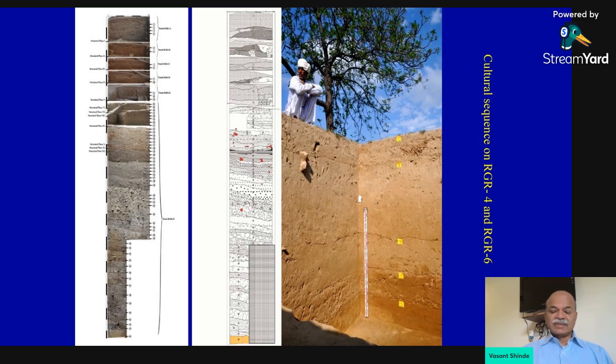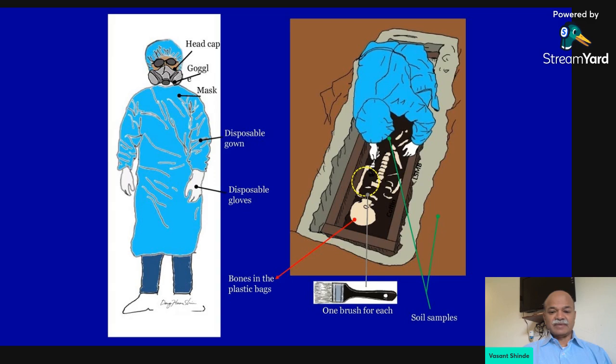We knew that the mature Harappan or the urban phase of the Harappan culture or Harappan civilization emerged from the early Harappan phase. That was quite clear, but that process was not understood earlier. Because of this excavation and the approach that we undertook, we were able to understand that process very well.